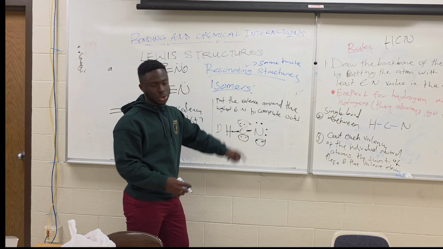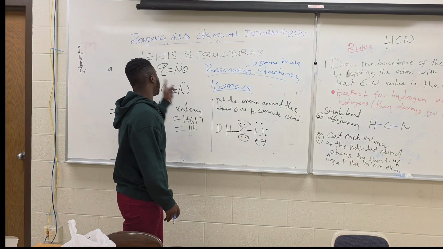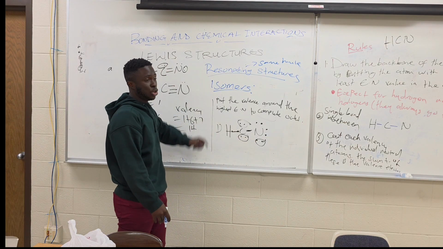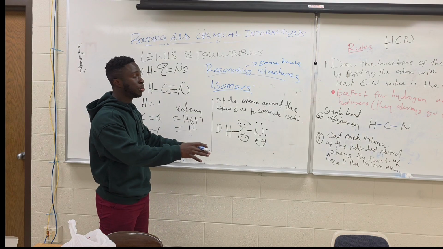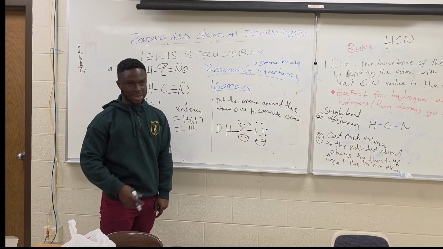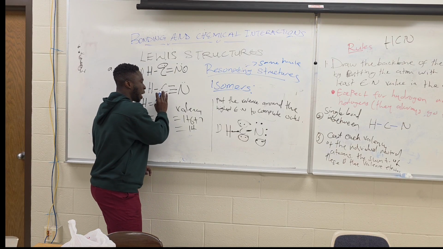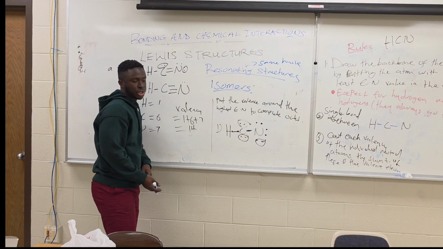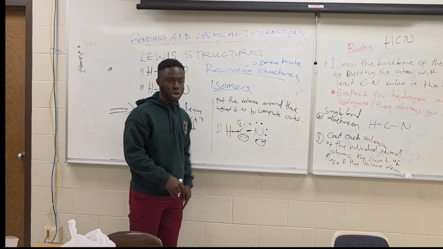Isomers, on the other hand, are different compounds altogether, even though they have the same atomic composition, say a hydrogen, a carbon and a nitrogen. They have different connectivity. In that case, hydrogen is now bonded to nitrogen, for instance, right? That is the difference between isomers and resonating structures.